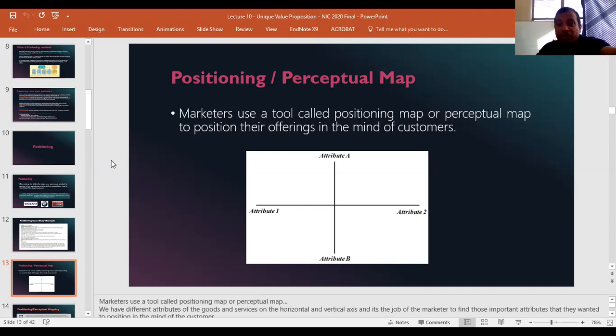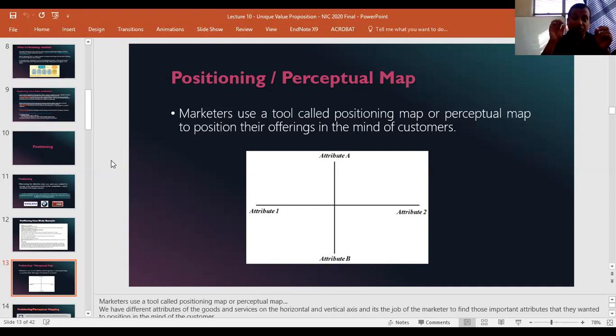The idea is to get those bundles of attributes. So select some attributes on the horizontal line and some on the vertical line. And then in the perceptual mapping, you position your firm first and then see where the competitors have their positioning.